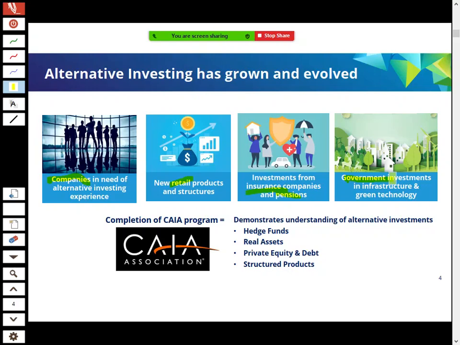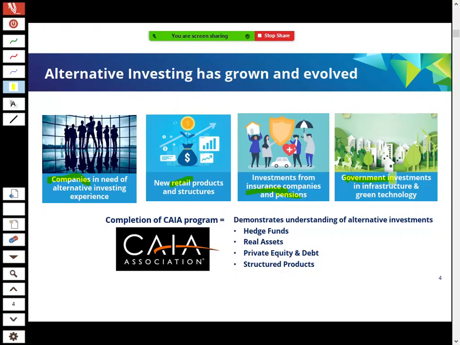And also we have students from insurance companies and private equity companies. They are already in the market, but obviously the CAIA qualification is very important for them to demonstrate their professionalism. We also have people from the compliance department in asset management firms, for example.